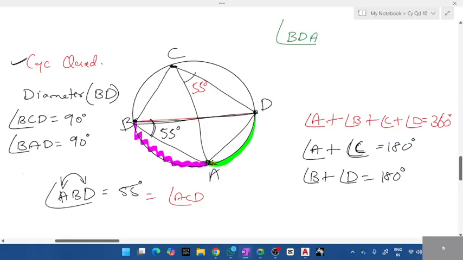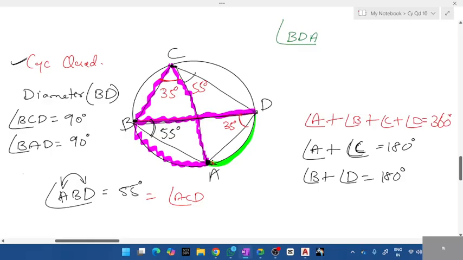Okay, on the same arc BA, what's the other angle formed? BCA. So if the entire angle C is 90 degrees, what will be the value of BCA? 35 degrees. So what is the value of BDA? 35 degrees. This is how we apply our concept.